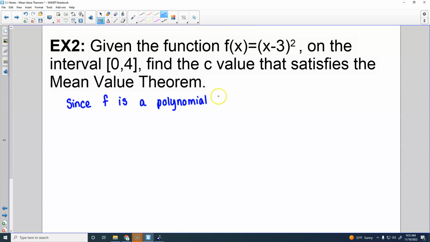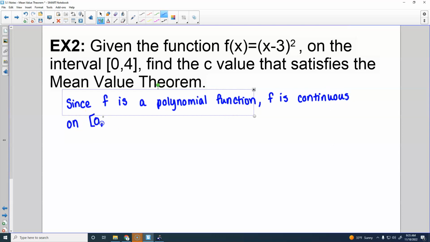It would be okay to say quadratic function. f is continuous on [0, 4], and differentiable on (0, 4) with parentheses.